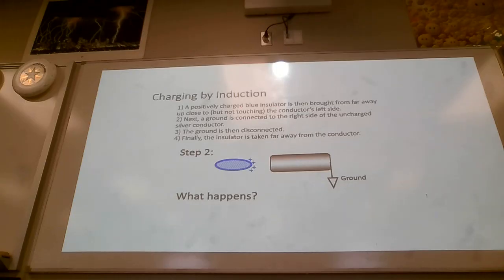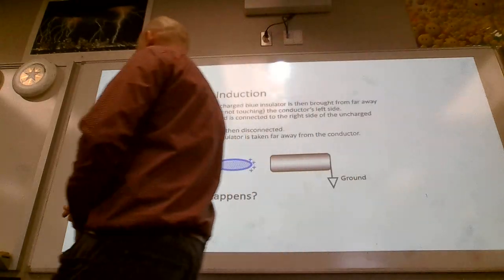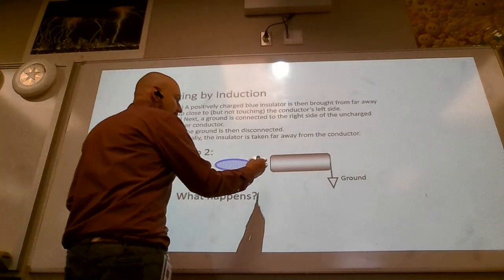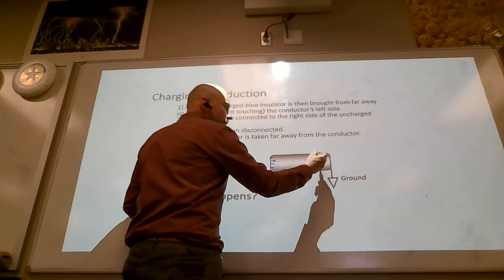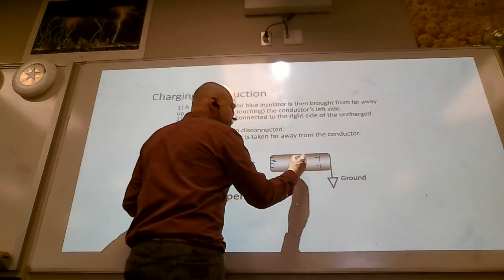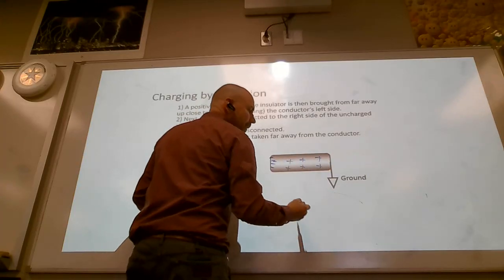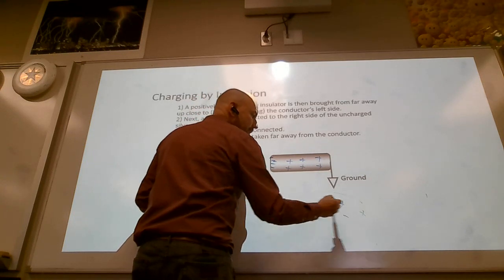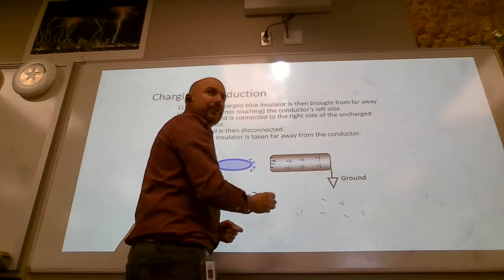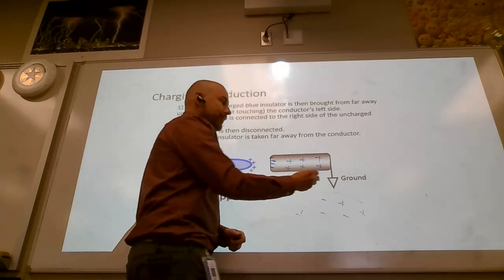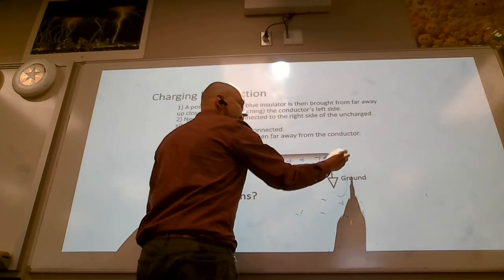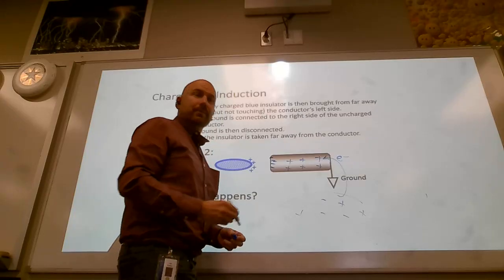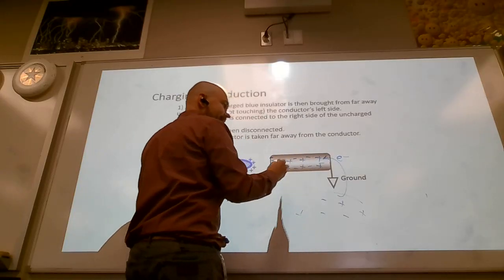Okay, so when you ground this, the electrons over here leave behind the protons in the ground. The electrons here are like, wow, look at all those exposed protons. So electrons come up from the ground.